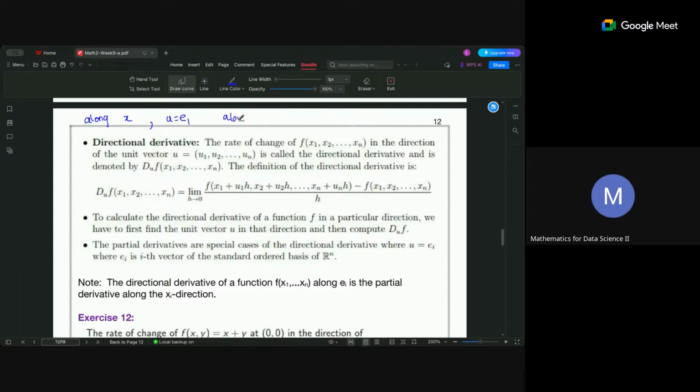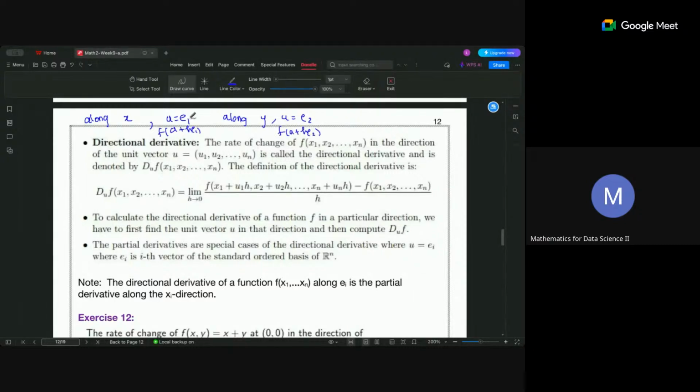And along y your u is e2, right? So can you see what is going on? Along x you usually have f of a plus he1, right? Along y you have f of a plus he2, right?